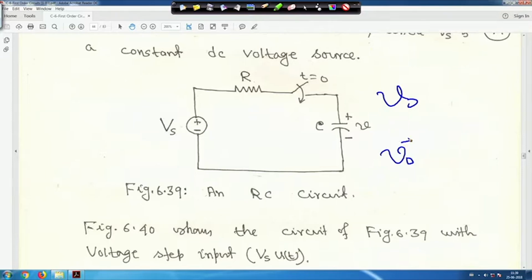So, as soon as the switch is closed, the capacitor voltage cannot change instantaneously, that means it will be V0 plus. Just before switching and just after switching, it cannot change instantaneously. Earlier also we have discussed this. So, V0 minus will be V0 plus, just before switching and just after switching, right.